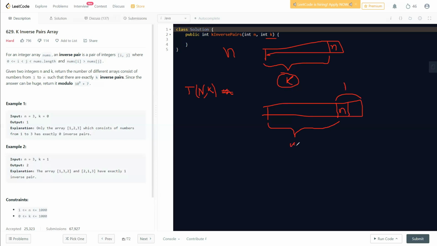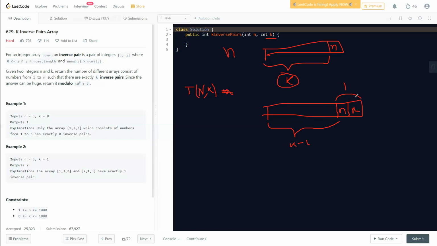So there will be k minus 1 inverse pairs from the n minus 1 elements, right? That's the thinking over here. Rest of n minus 1, not n minus 2. Why? Because the element at this position will also interact with the other elements, right?